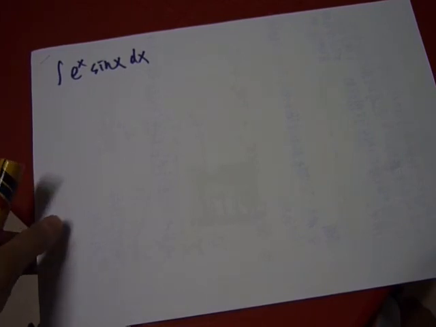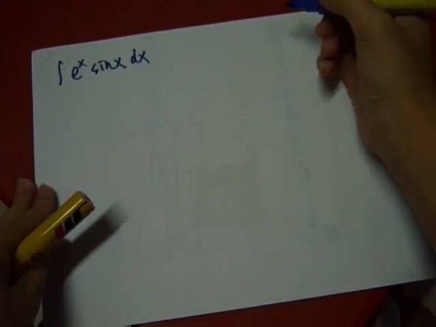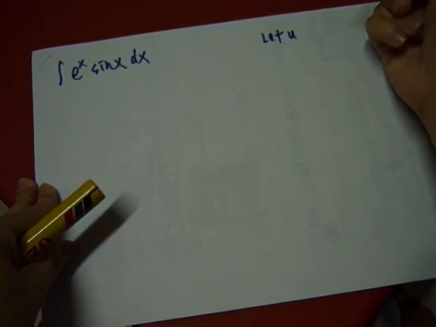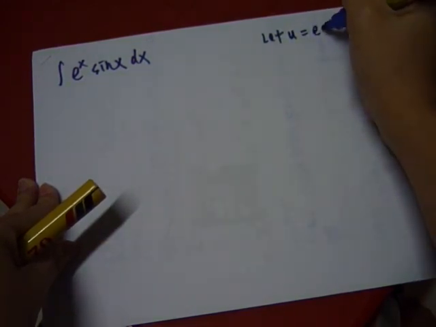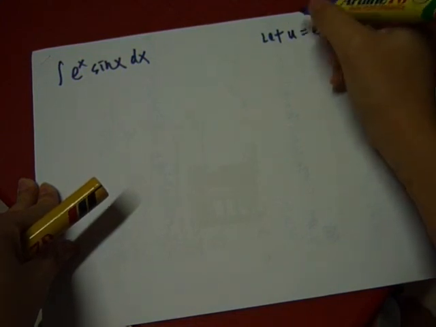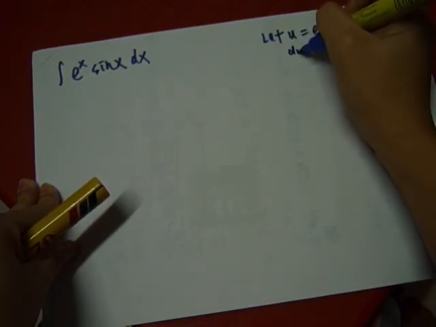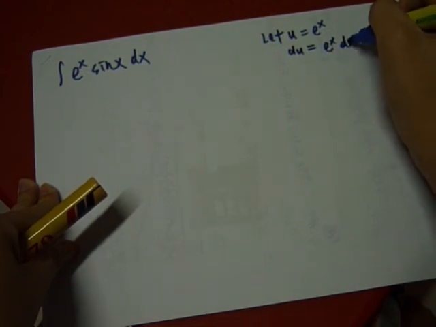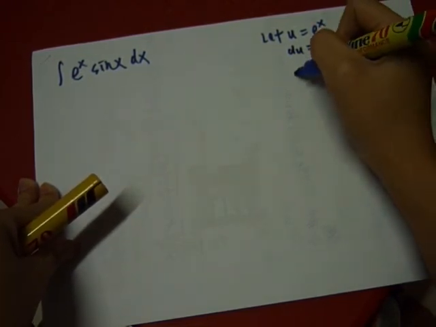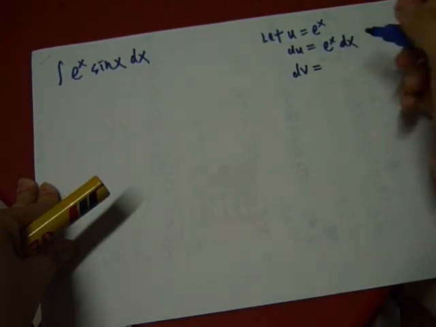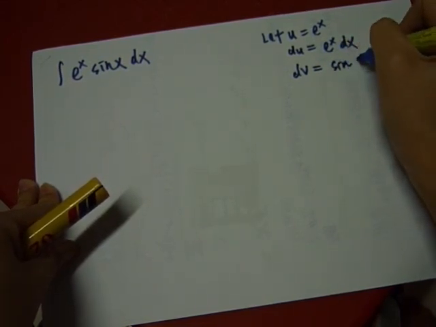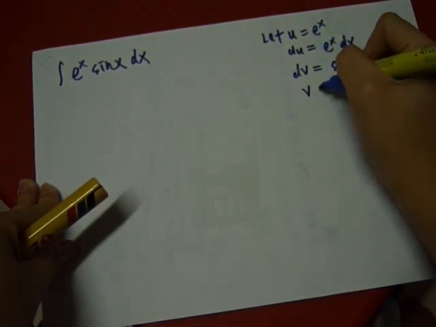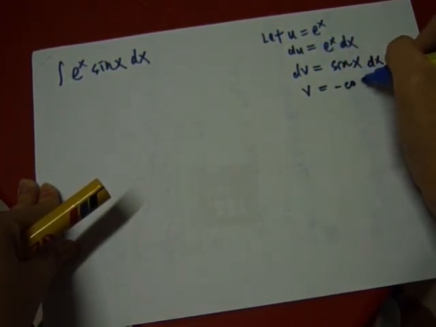Let's try this question. As usual, we let u equal e^x, then we will get du equals e^x dx, and let dv equal sine x dx, then we'll get v equals minus cos x.